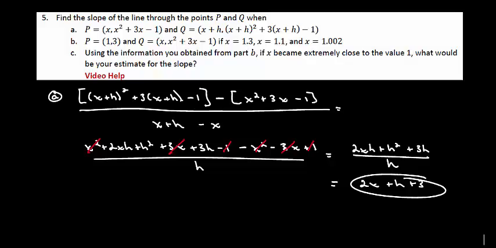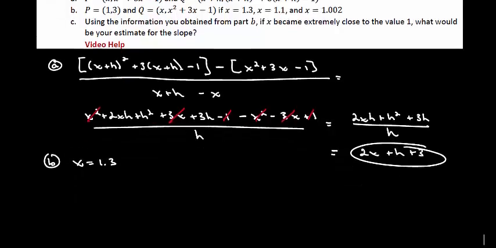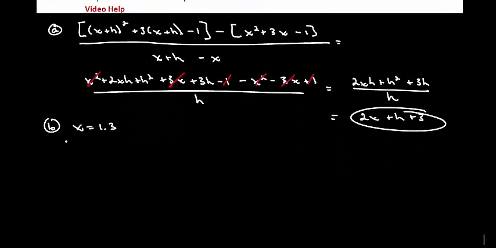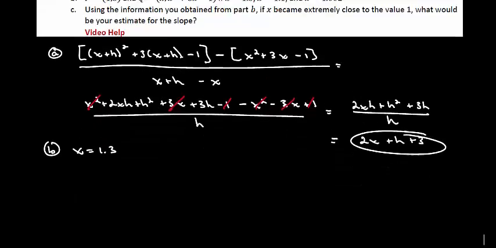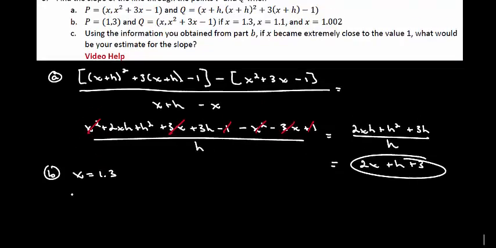Now for each of these guys, for B, let's do x equal to 1.3. Well, there's two ways we can do it. First, we could take this guy and actually plug it in. So remember, the point P is 1, and then the point Q would be 1.3.